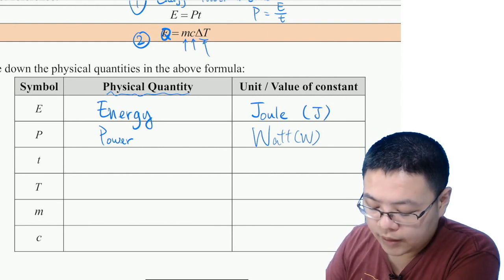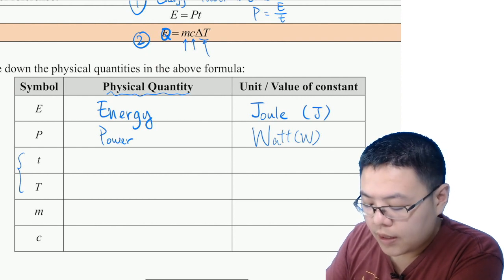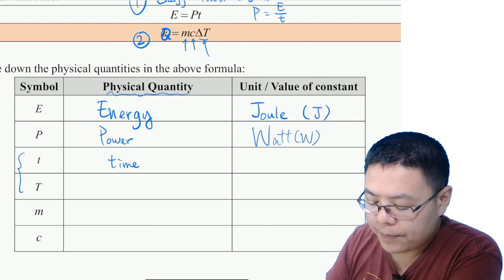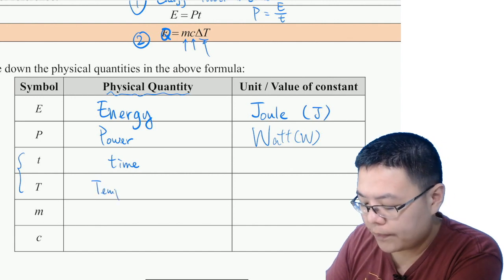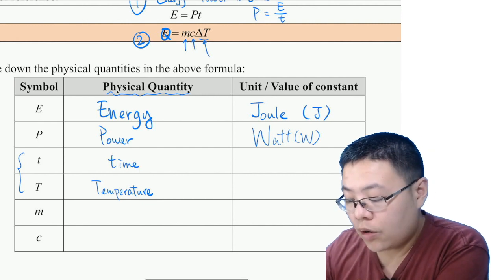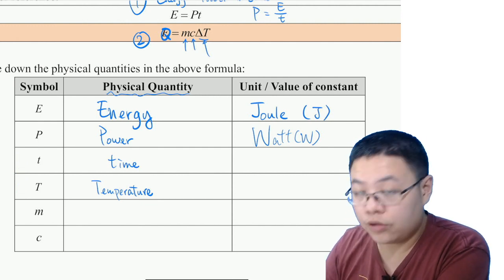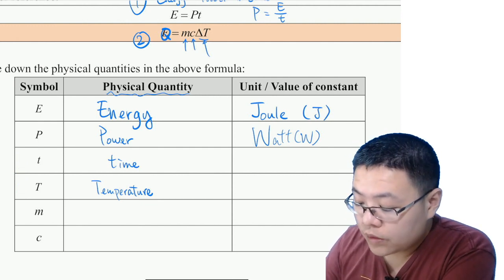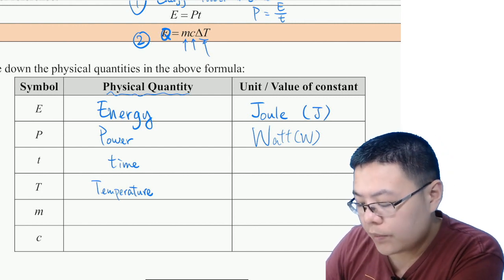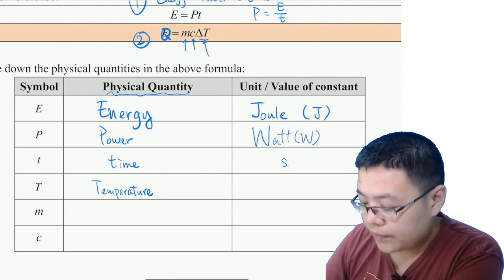And t and T, this is different. Small letter t stands for time. Big letter T stands for temperature. Don't ask me why. This is in fact the convention, the tradition. Okay, so the standard unit for time is second.